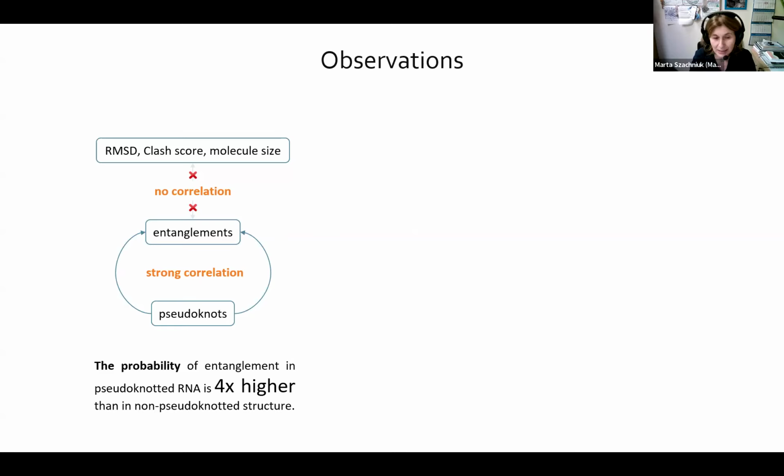So it appears that if the structure contains a pseudoknot, then sometimes the predictive models produce a structure with a knot or entanglement instead of a pseudoknot. And we just computed that the probability of entanglement in a pseudoknotted structure is four times higher than in a non-pseudoknotted structure.